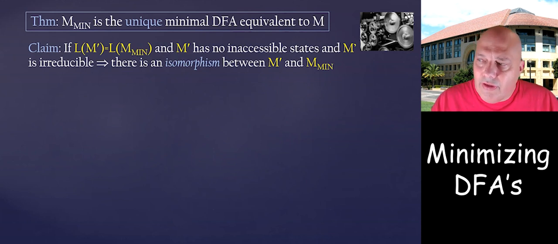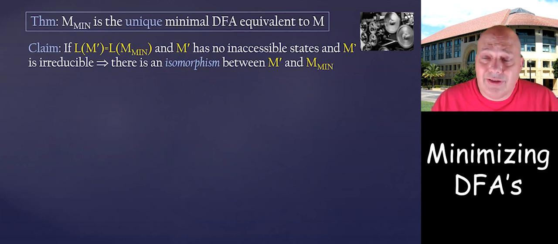The interesting thing is that if what we get is minimal, it means that by doing these simple ways of reducing states, either by removing inaccessible states or combining states that are indistinguishable, these are ways to reduce the size of an automaton.